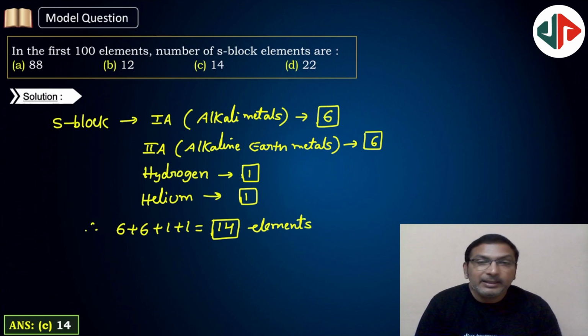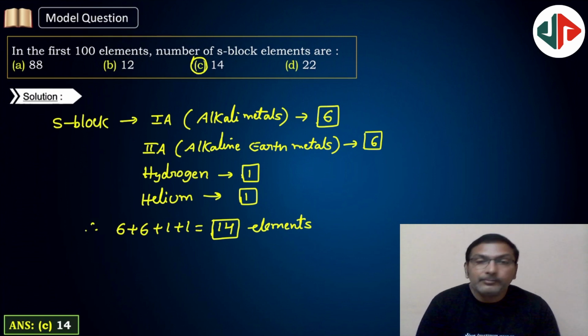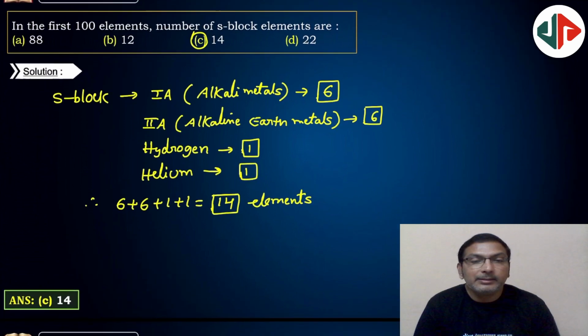So these 14 elements belong to s-block: alkali metal 6, alkaline earth metal 6, 1 hydrogen, 1 helium. Total number of s-block elements below 100 is 14. Therefore, option will be C. Next.